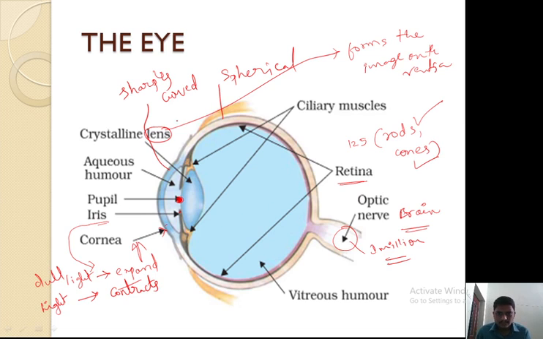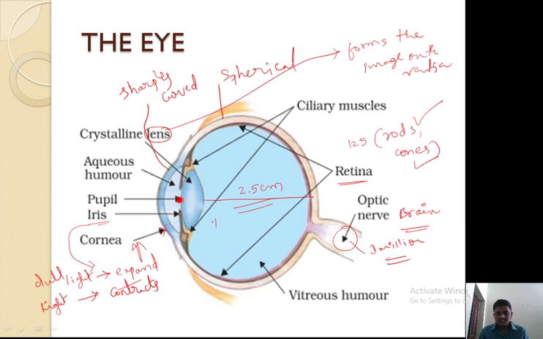Here the distance between the eye lens and the retina is fixed. It is about 2.5 centimeters. This distance is fixed. Whatever the position of the object, the image is formed on the retina.